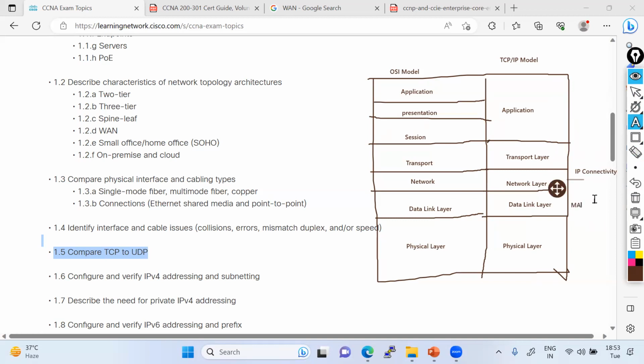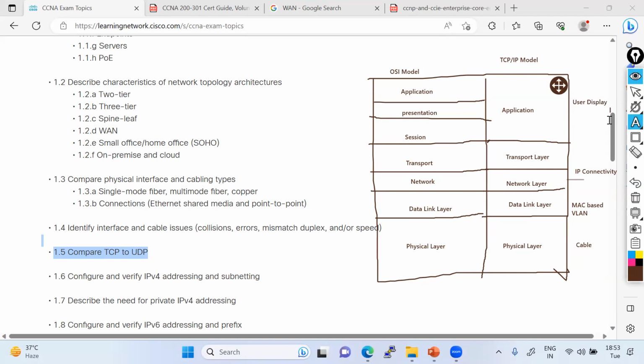Data link layer, MAC based connectivity, or VLAN based connectivity. Physical layer, your cable. These three we understand.